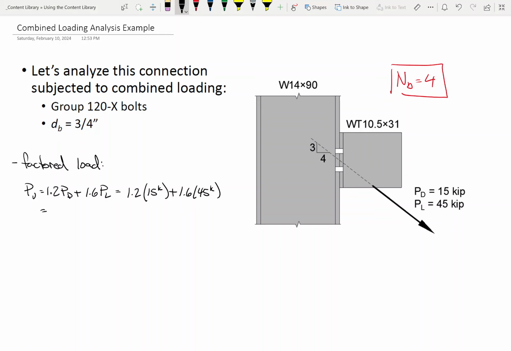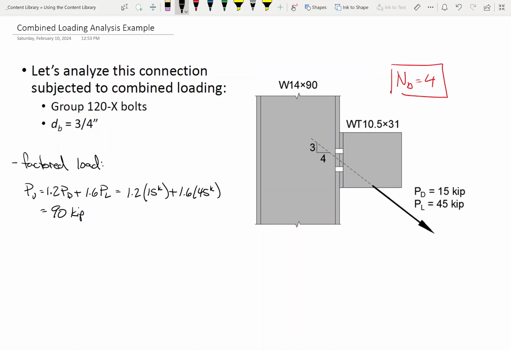What do we got? 1.2 dead plus 1.6 live. Is it 90 kips? Everybody good on 90?